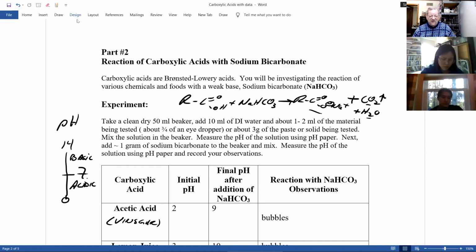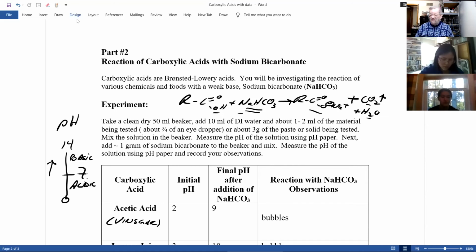Now, what this really does is neutralize the carboxylic acid. And remember, I told you about my father's recipe with spaghetti sauce. If I'm really telling you the truth, if you add baking powder, sodium bicarbonate, to a carboxylic acid, the pH should increase, go from acidic to basic.